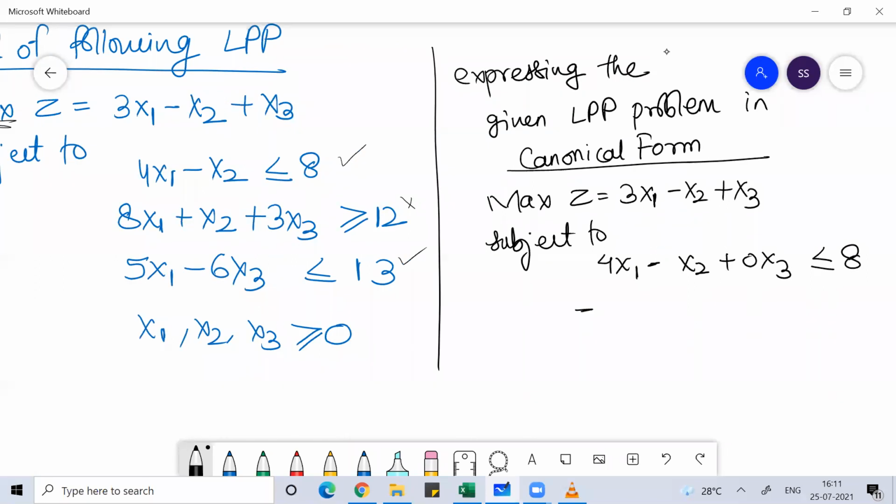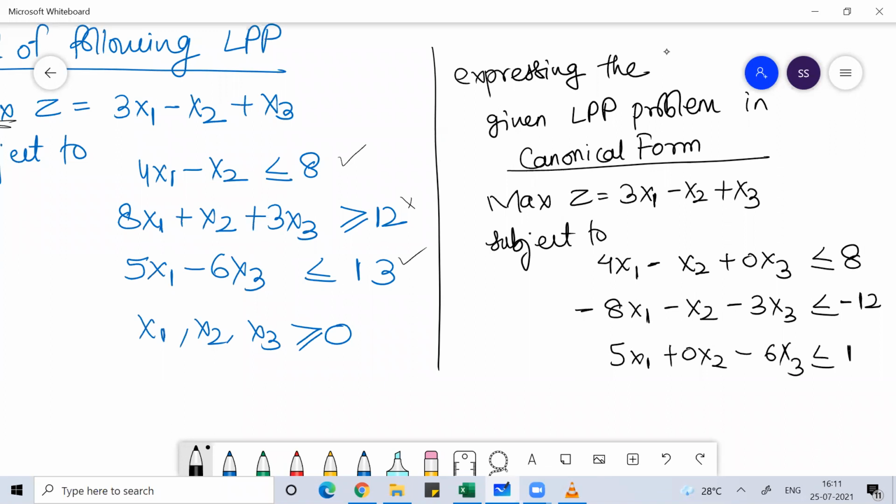The second one I can write as minus 8x1 minus 3x3 less than or equal to 12. The third constraint I can write as 5x1, and since there's no x2, 0x2 minus 6x3 less than or equal to 30, where x1, x2, x3 should be greater than or equal to 0.